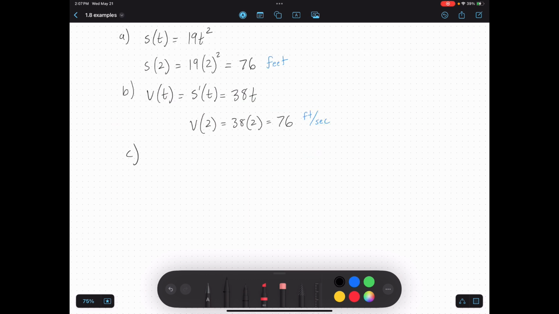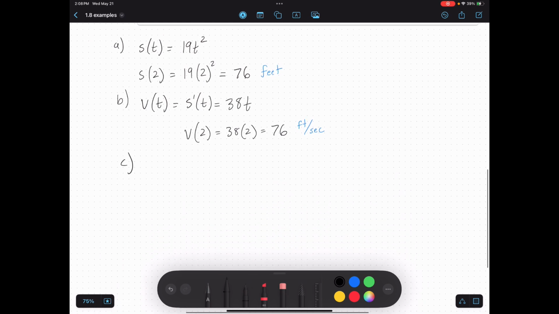Last, what's the acceleration of the hammer after 2 seconds? Well, this one says very clearly what I'm going to need to know. I'm going to need to know the acceleration function for this hammer. Acceleration is just your derivative of your velocity. So what's the derivative of my velocity function? Just 38. That's it. Notice it doesn't actually depend on t. So what's my acceleration after 2 seconds? Well, it's the same.